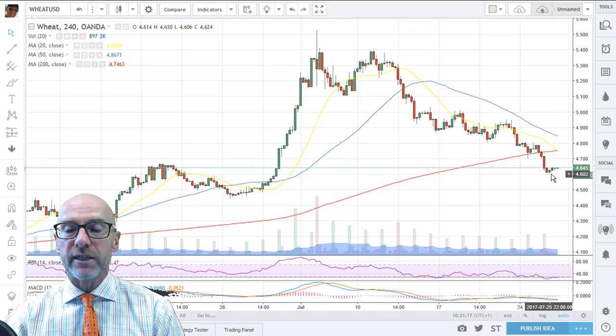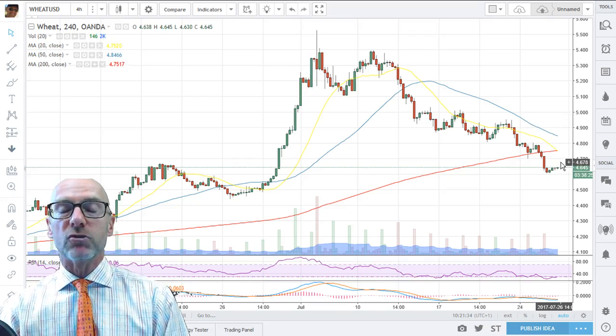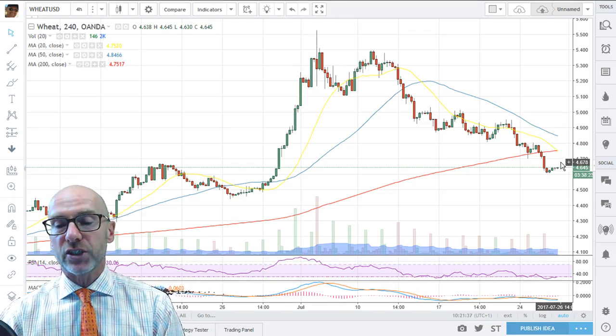There's no sign of any non-confirmation. The low that we had yesterday on the RSI was below the previous low, so we're continually getting this picture of lower lows. All the supports didn't really give much support, and now we've got the down tracking moving averages giving resistance.